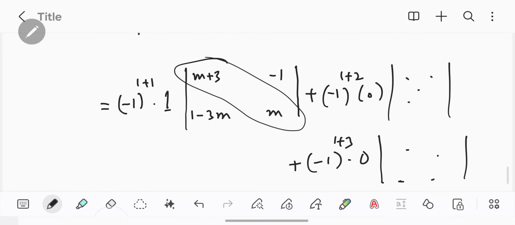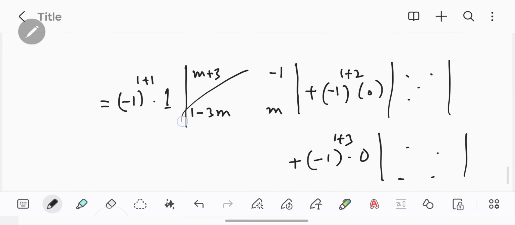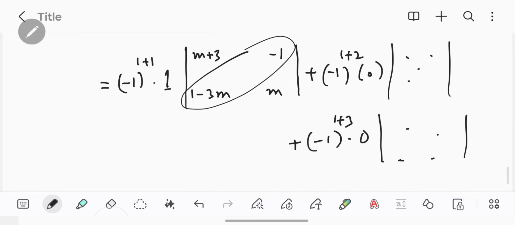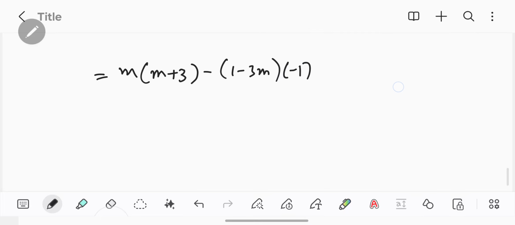M plus 3 times M, minus the product of these two, 1 minus 3M times minus 1. If I simplify these values, I will have M square plus 3M.